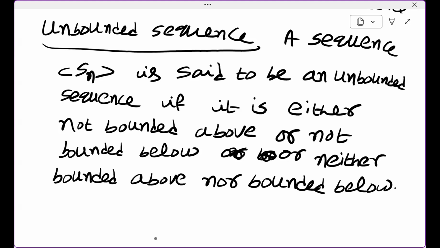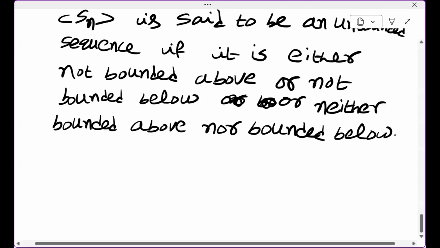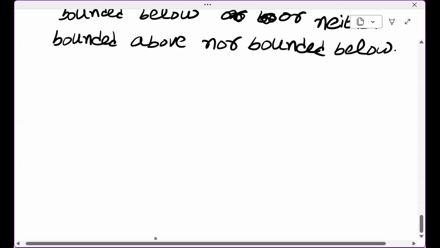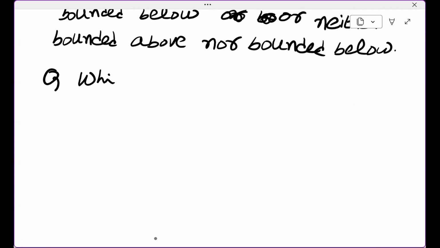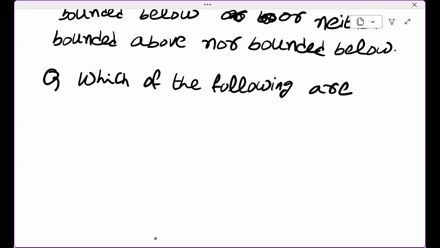Okay, so see an example. I will give you a list. So question: which of the following are bounded sequences?